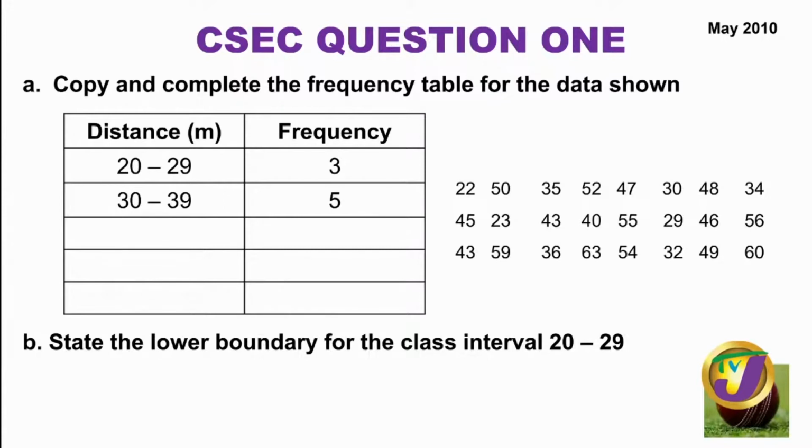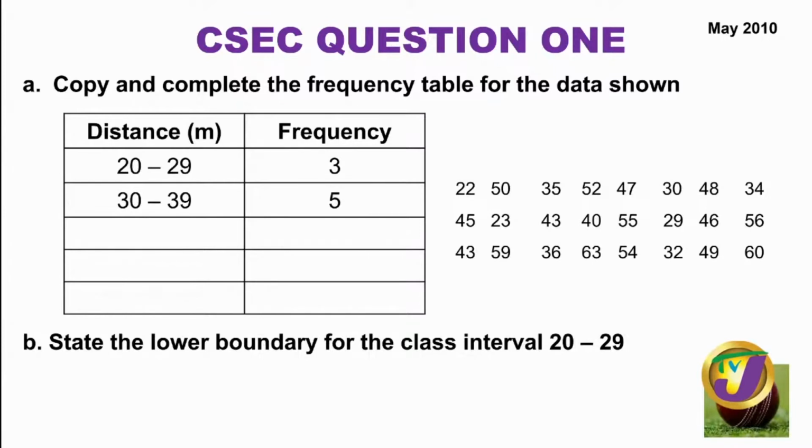Right. But since they asked us to complete the frequency table, I'm somebody who absolutely loves patterns. And we know that math has to do with patterns. So if I was given this particular frequency table to complete, I would be looking at these class intervals, and I'm noticing that for the first one, it's 20 to 29. Right.